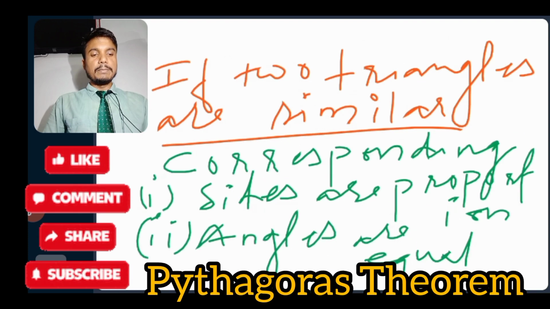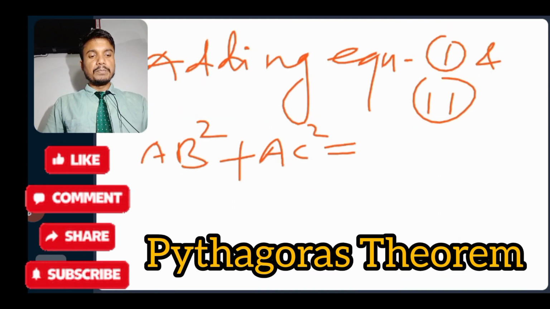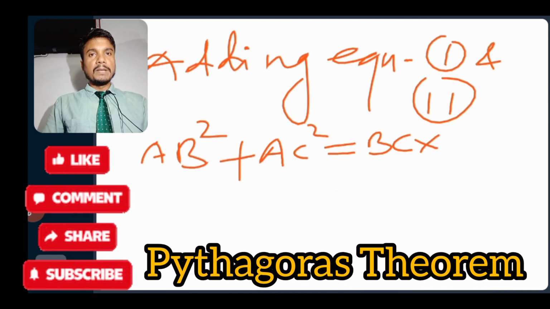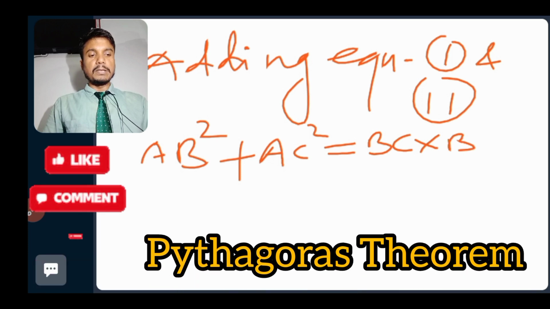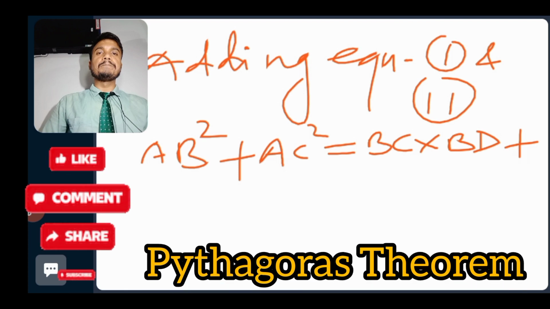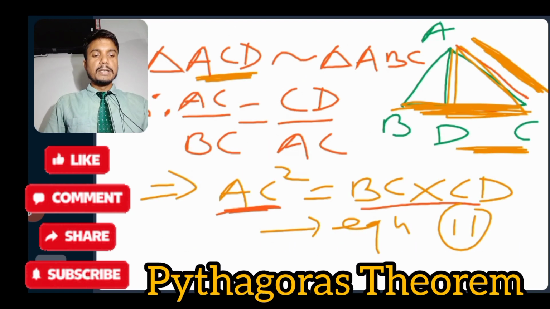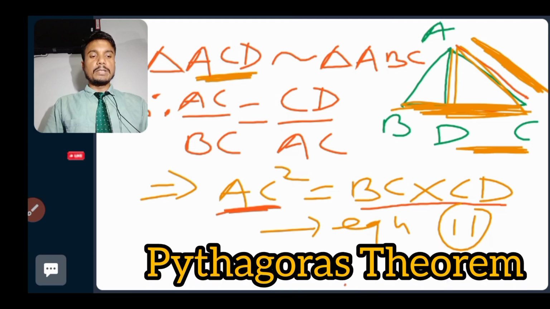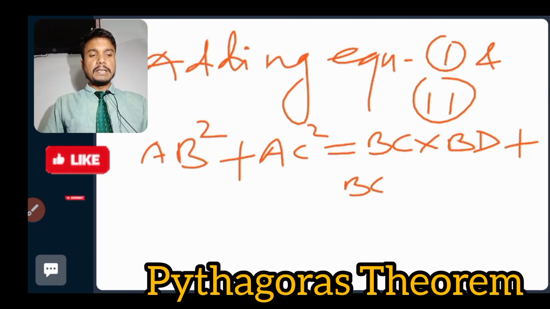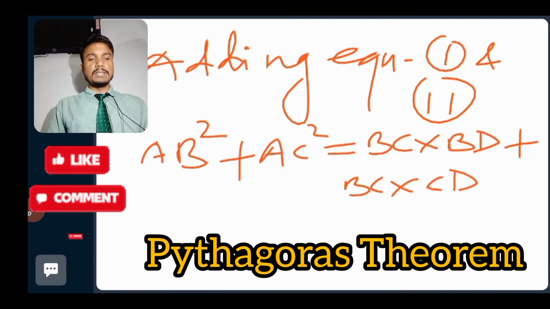So let me write here BC into BD. Since we are adding, let me write the plus sign. Now in equation 2, we have got BC into CD. So let me write here BC into CD. Is this clear?